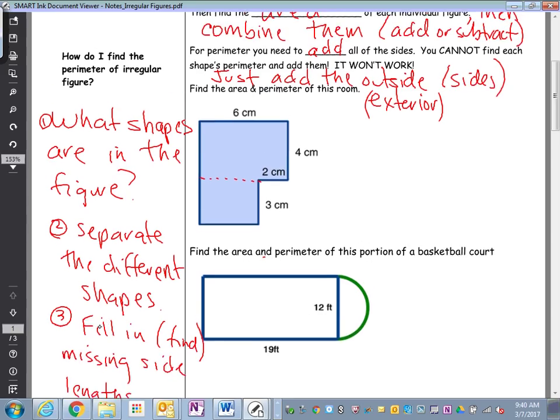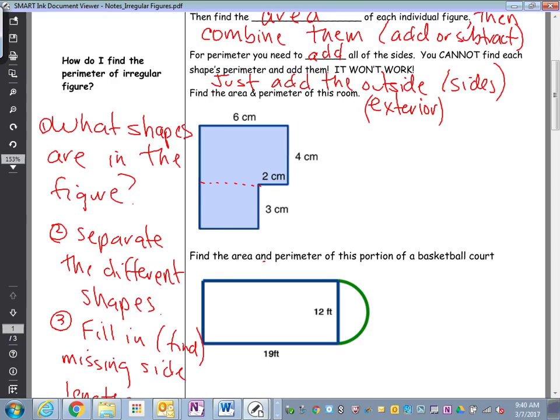Okay. All right. So we have how many missing side lengths here? 2, right? How are we going to find them? Well, this side right here is what? The top is 6. So this side right here doesn't go all the way across.